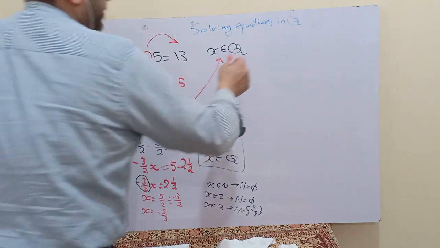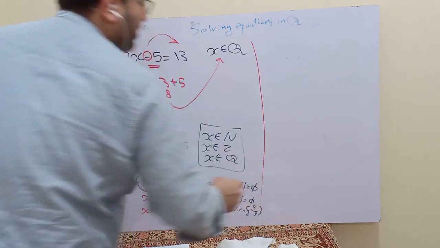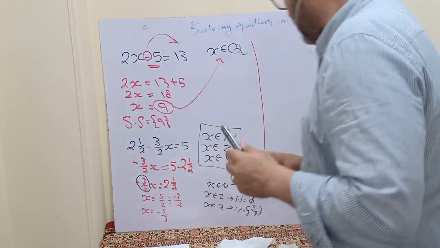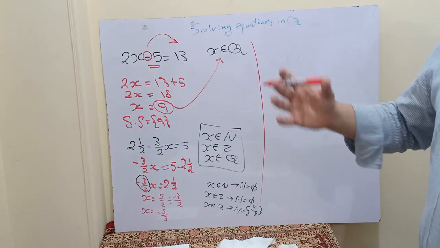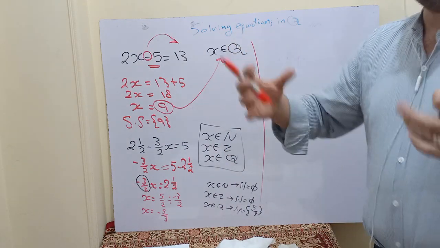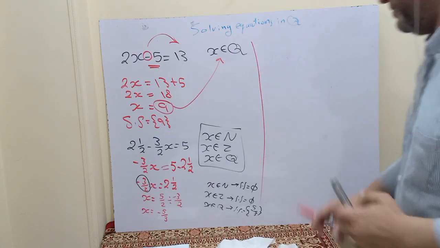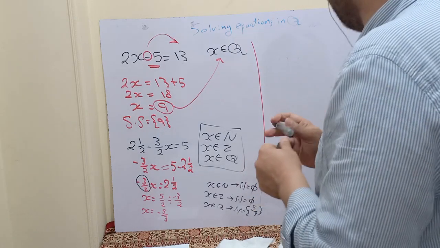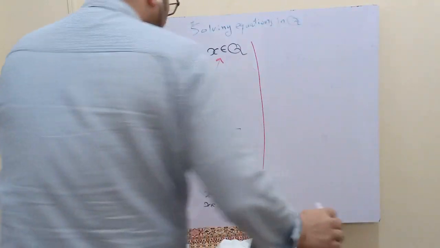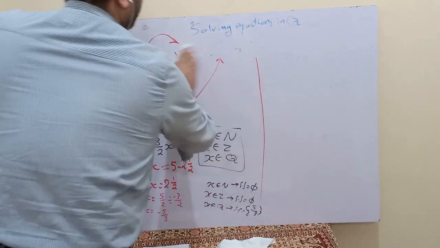The third example: equations that have brackets. How to solve an equation with brackets? Like this equation. Okay, let me erase the whiteboard, please.